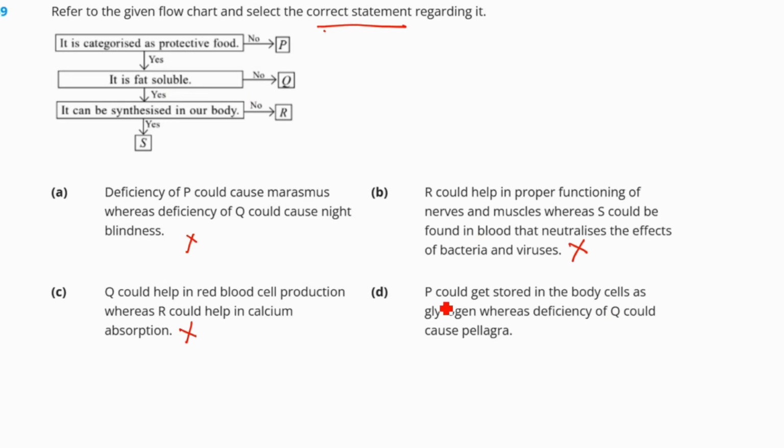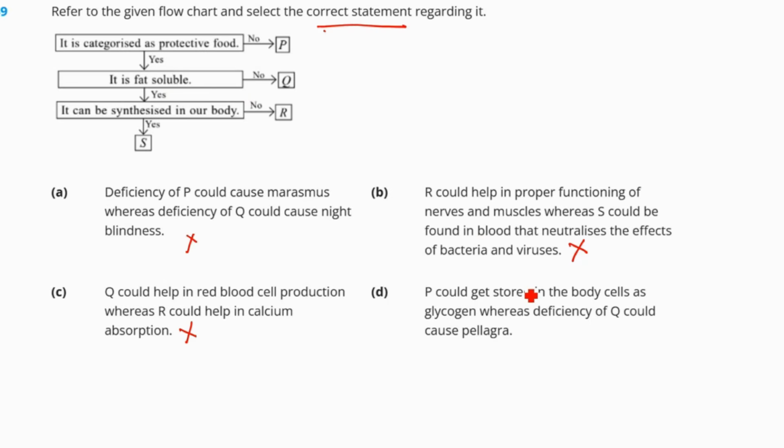Option D says P could be stored in body cells as glycogen. Yes, we can understand that P is a fatty food. So it can be stored in our body cells as glycogen. Whereas deficiency of Q could cause pellagra. Okay.